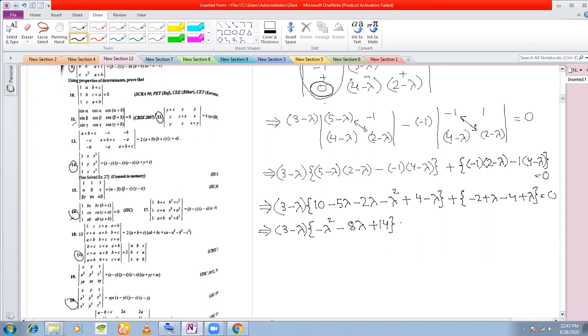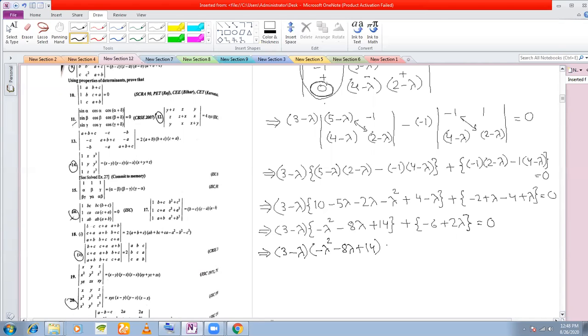Okay, and this becomes your minus 6 plus 2 lambda. Okay, the second bracket equal to 0. Will not multiply. Okay, why? Because you see you got a minus lambda square minus 8 lambda plus 14 here. This is what you get.